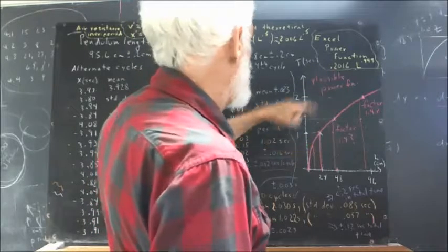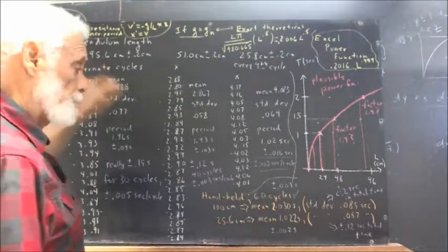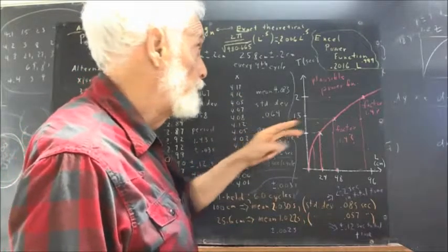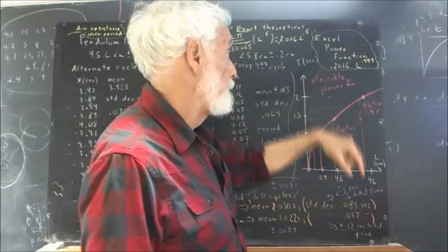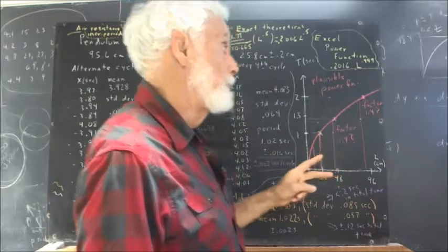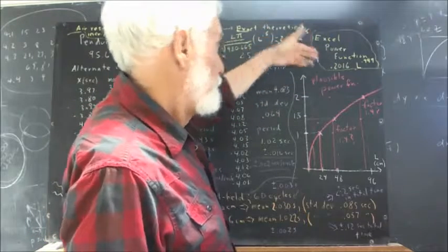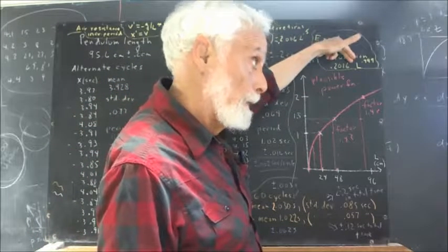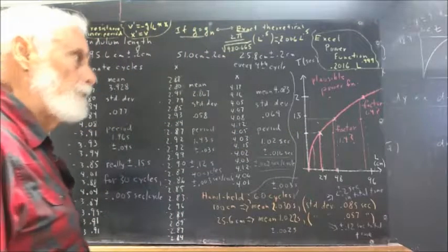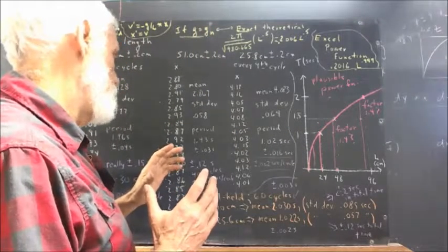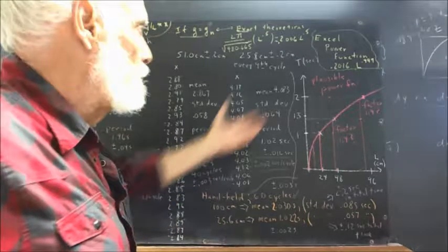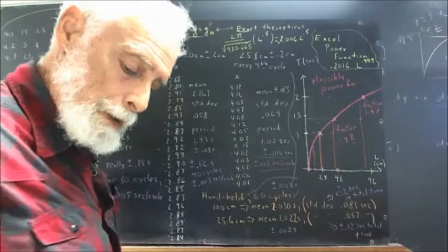So if we go from a 96 centimeter to a 100 centimeter pendulum, we should have about a 2% increase in the period, because if the square root of the length increases by 2%, the period, which is just a constant multiple of the square root of the length, will also have to increase by the same factor as the square root of the length, and that would be 2%.